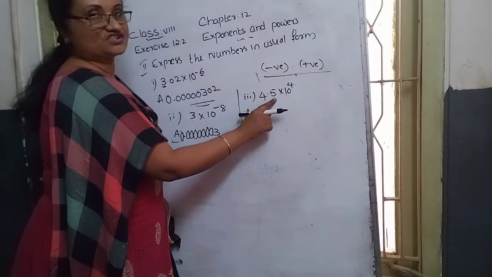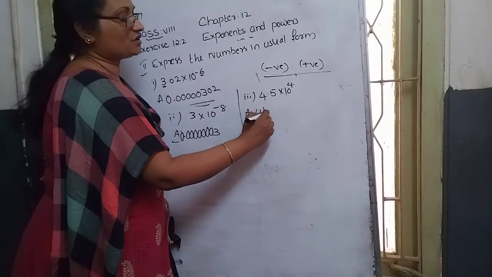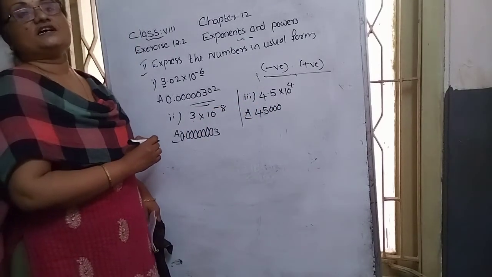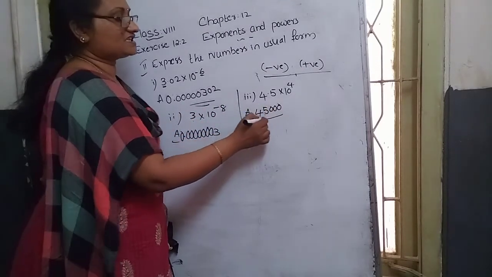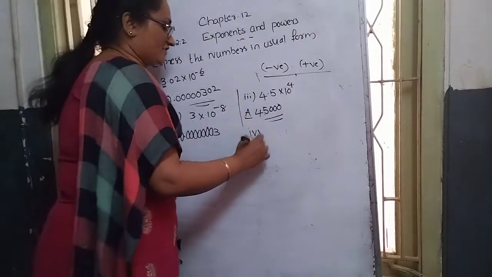Already 1 digit is there after the decimal, so 3 more are needed. 3 places are missing, so instead we can put 3 zeros. So 1, 2, 3, 4. This is the answer: 45,000. Then next, one more question.